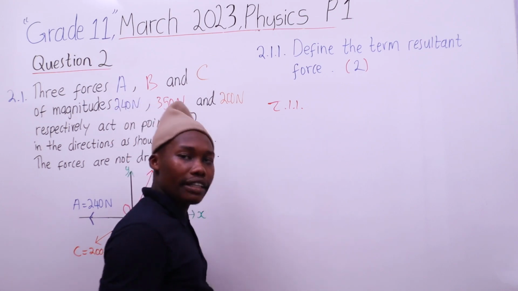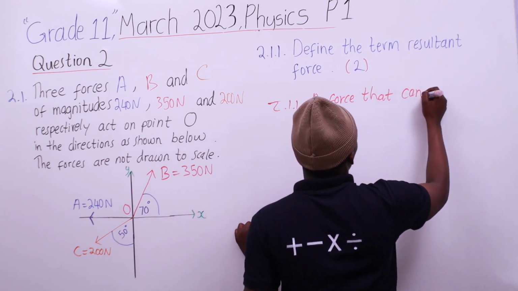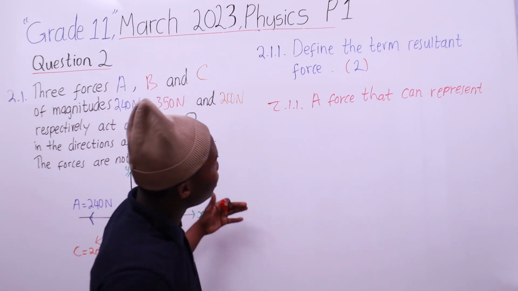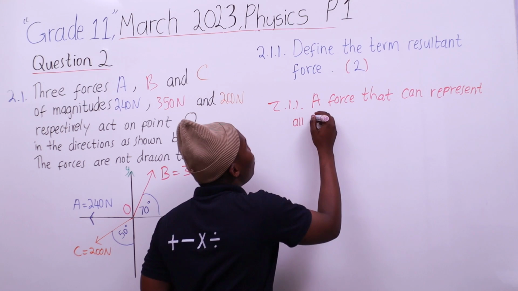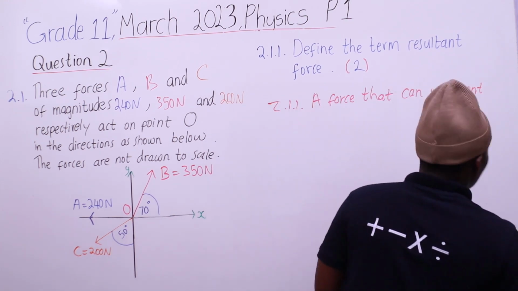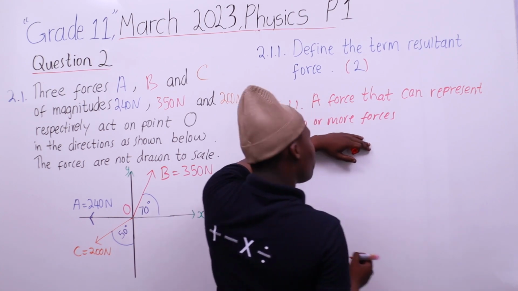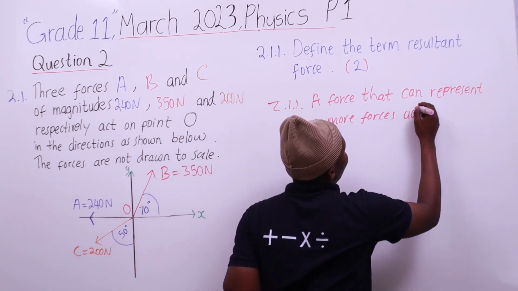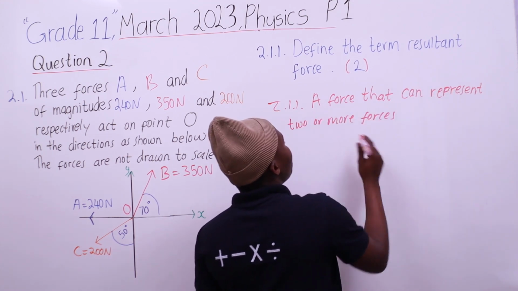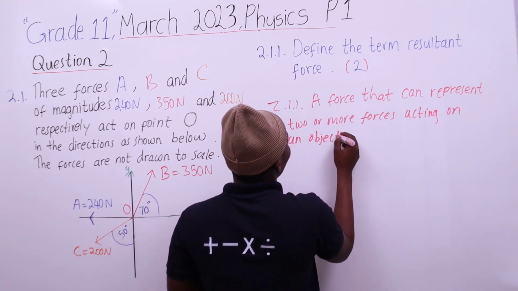2.1.1, define the term resultant force. So a resultant force is a force that can represent two or more forces acting on an object.